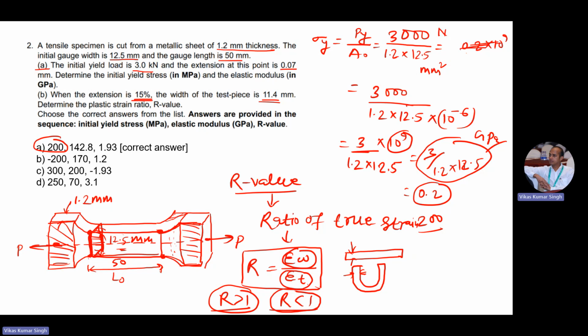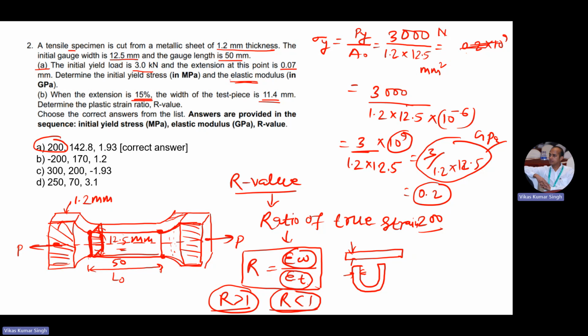Now coming to the next point, what is that R value? And one more thing, in the previous question it was also asked what the elastic modulus is.